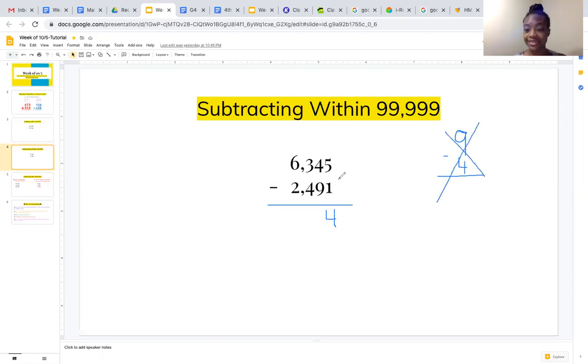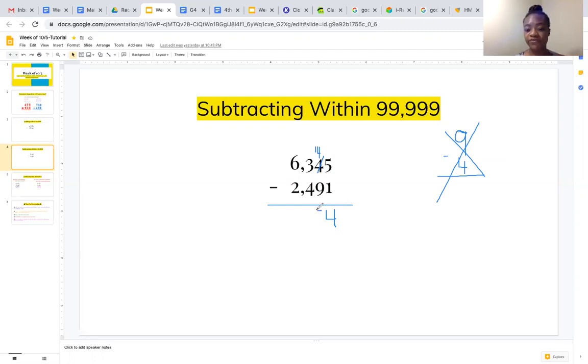So in this case, we have to regroup. So this is no longer a 4, it becomes a 14. So now we can take 9 away from 14.